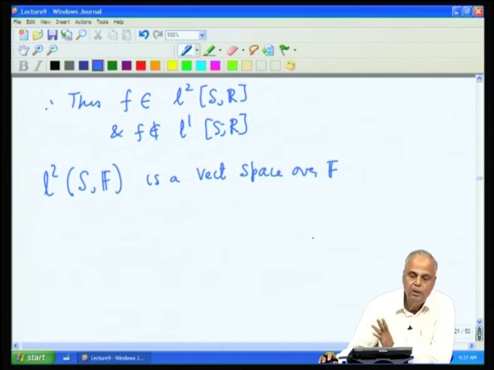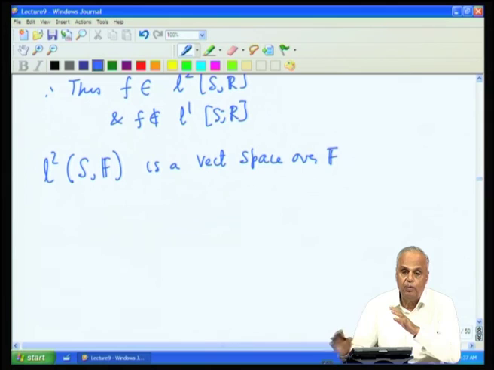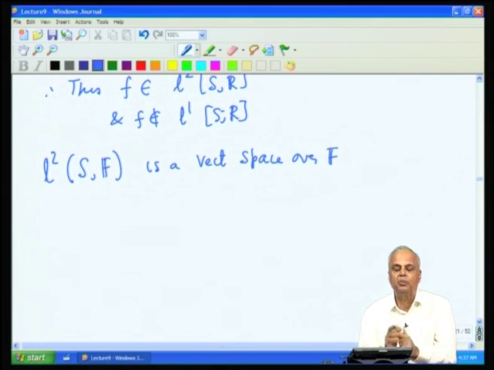So, these are functions from S to F which have special properties. First we considered all functions from S to F, that was a vector space over F. Then we considered all functions from S to F for which the summation of mod f of s j is finite, and we got L1 S F. Then we considered all functions from S to F for which the summation of mod f of s j squared is finite, and we got L2 S F.